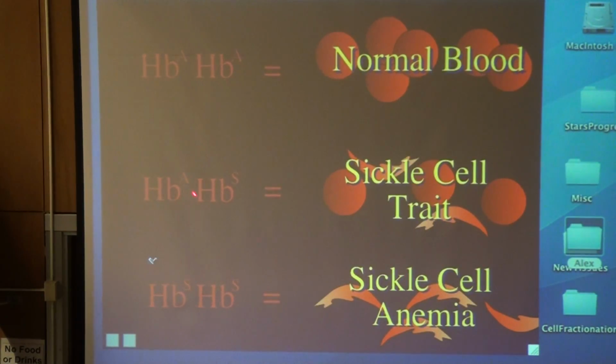If they're heterozygous for the two dominant alleles, they have what's called sickle cell trait, where about half the cells are round and about half the cells are sickle-shaped. And kind of interestingly, people with sickle cell trait don't have any weakness. They don't suffer from any of the anemia. So it must be that enough of the red blood cells are round and functional for them to be healthy.